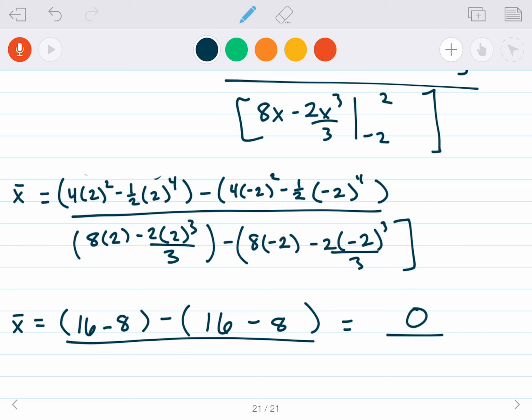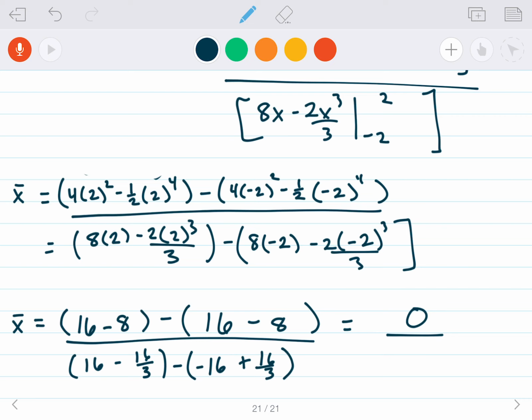And then on the bottom, just to have this for later, we get 16, and then 2 times 8 is 16 over 3, so we have 16 minus 16 thirds. Minus, and then we have negative 16. Negative 8 times negative 2 is a positive 16 thirds.